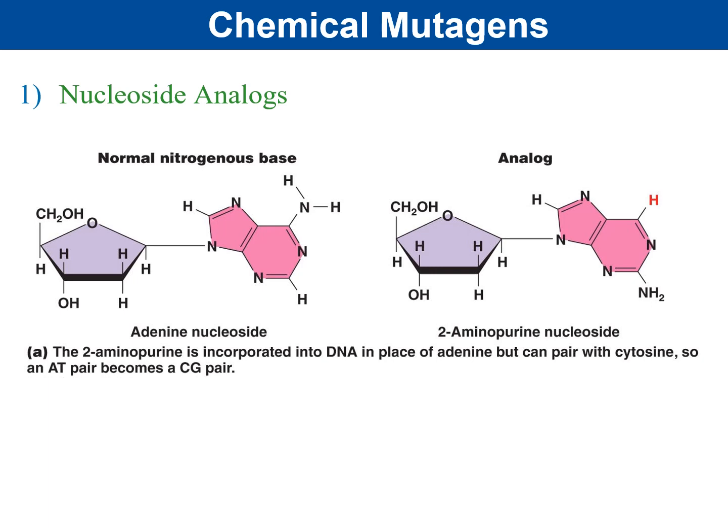So nucleoside analogs would be the first case. A good example of one is 2-aminopurine. This is a nasty artificial chemical that is human-made and was discovered to look a lot like adenine.